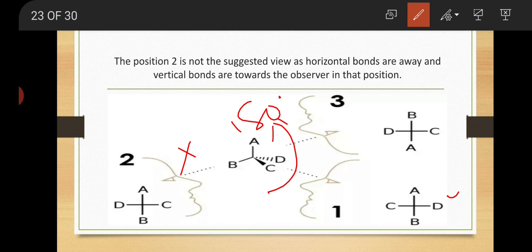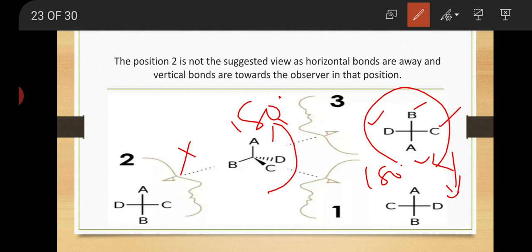Here the third position is the inverted view, that is B is the top vertical bond, A is the bottom vertical bond, and C is on the right side of the observer and D is on the left side. By rotating 180 degrees, we get position 1, which will not affect the configuration.